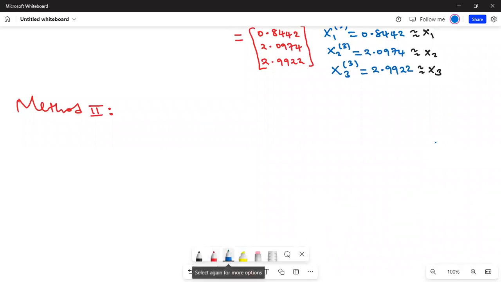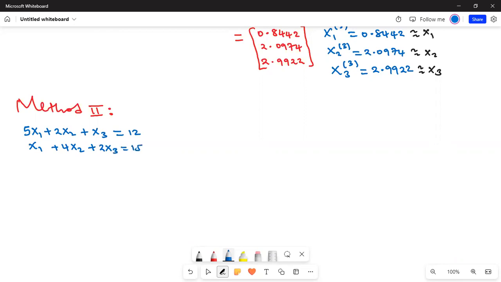You're given the system of linear equations: 5x1 plus 2x2 plus x3 is equal to 12. x1 plus 4x2 plus 2x3 is equal to 15. x1 plus 2x2 plus 5x3 is equal to 20.